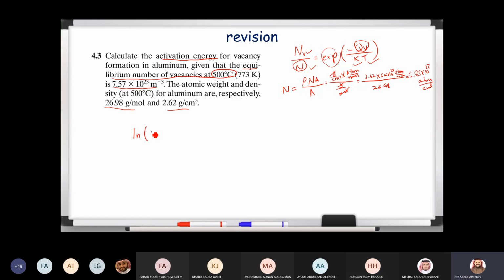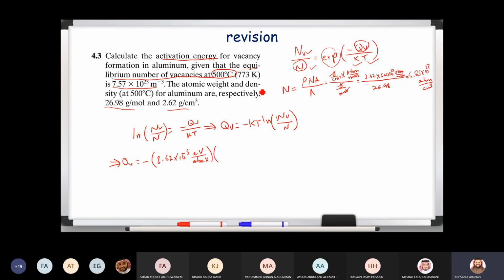So we have ln NV over N equal to minus QV over KT, meaning that QV is equal to minus KT ln NV over N. K in this case is a constant, the Boltzmann constant, which is 8.62 times 10 to the power minus 5 electron volt per atom per Kelvin.